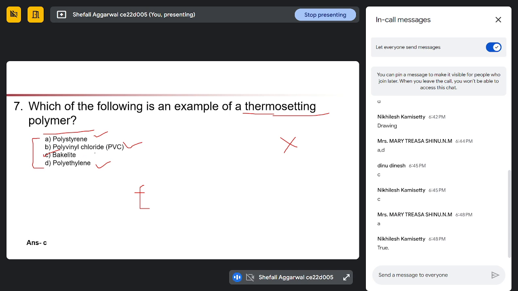If you have seen switchboards or sockets in your normal home, or toys, that plastic is made of bakelite. So that is a thermosetting polymer.